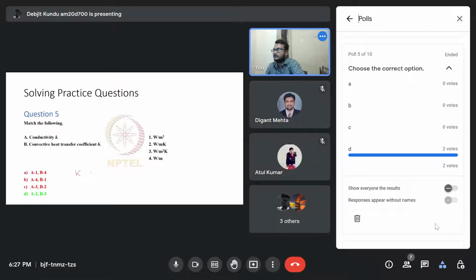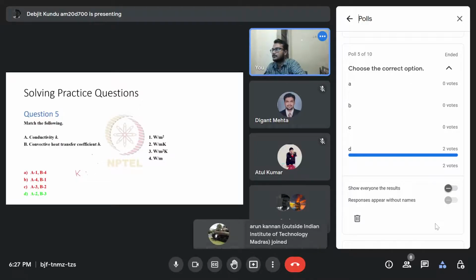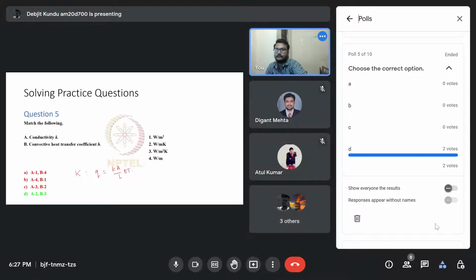Let's look at the way in which K can be used. Let's say Q equal to K A by L into delta T, and if we try to figure out the units from there, Q has a unit of watts, and this would be equal to K in meter square.